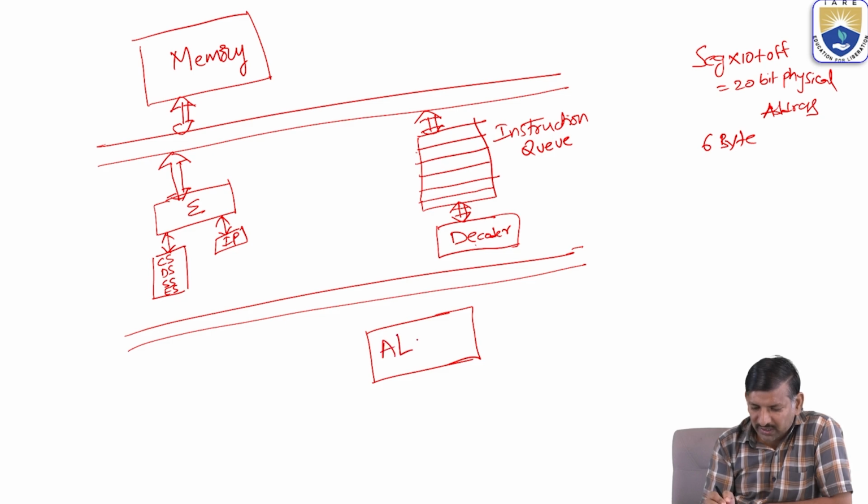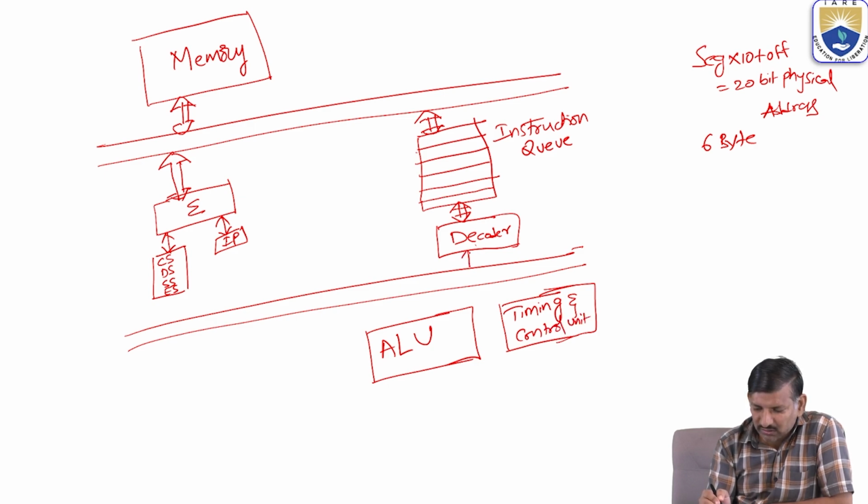This is the arithmetic and logical unit. This is the timing and control unit. So based on the instruction, it goes to the corresponding unit and does the corresponding operations.